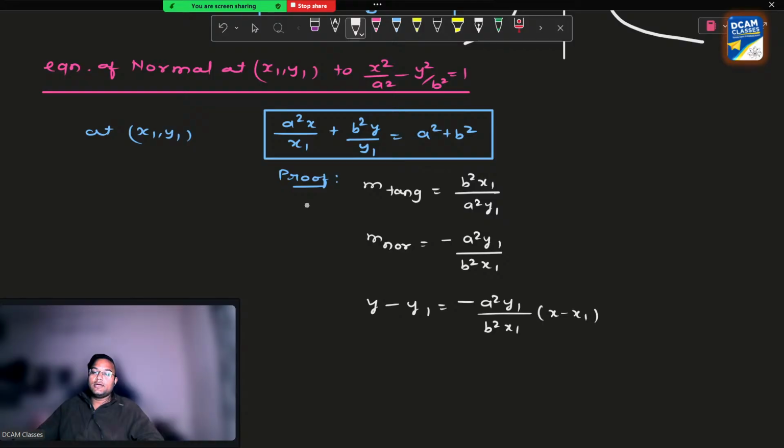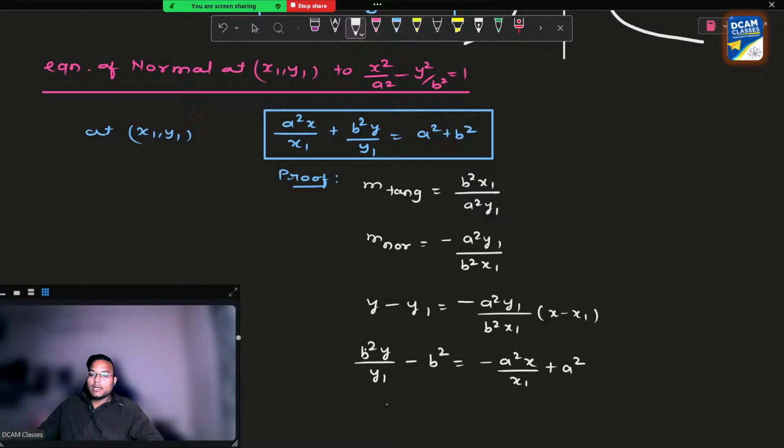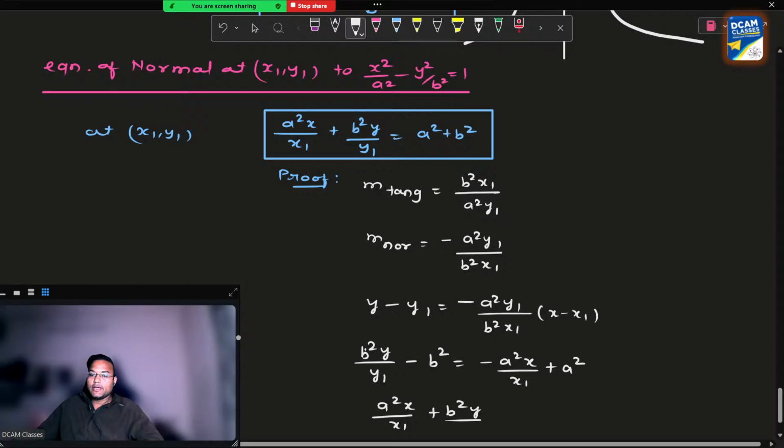So I'll divide the whole equation by y1 by b square. b square y by y1 minus b square is equal to minus a square x by x1 plus a square. So a square x by x1 plus b square y by y1 is equal to a square plus b square.